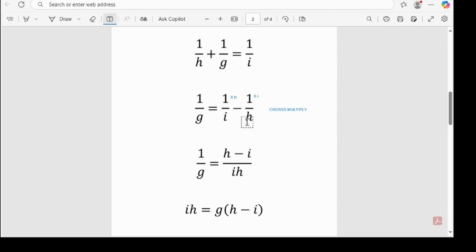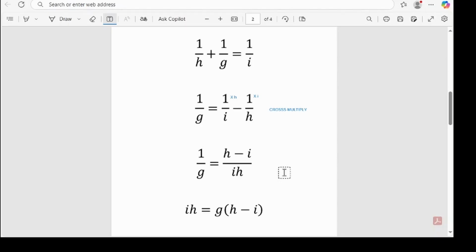Then I multiplying h will give you IH. So this is how we simplify the fraction. Now we have 1 over j equals h minus I over IH, right?